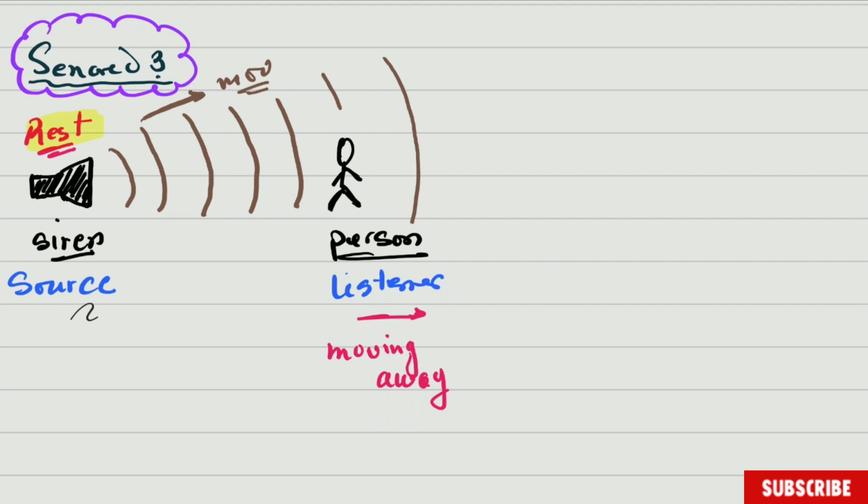We are going to keep the siren or source at rest, but the person is going to be moving away from the source. So what is going to happen here, guys? For instance, the person will take longer to reach this wave, as well as this wave will take longer to reach him. So the frequency detected by the person will be less than the frequency produced by the source.